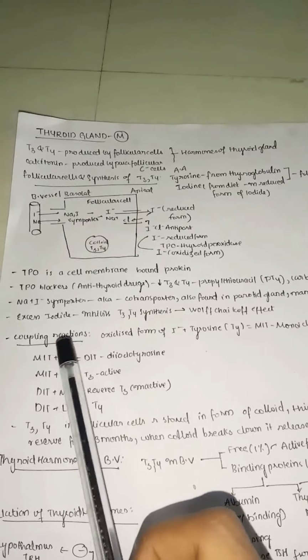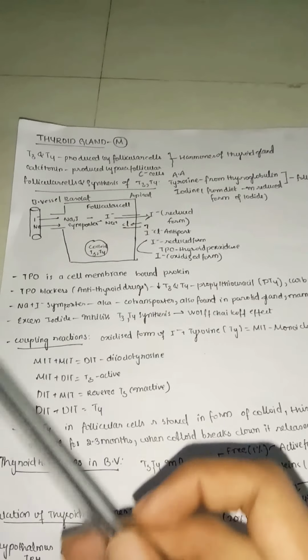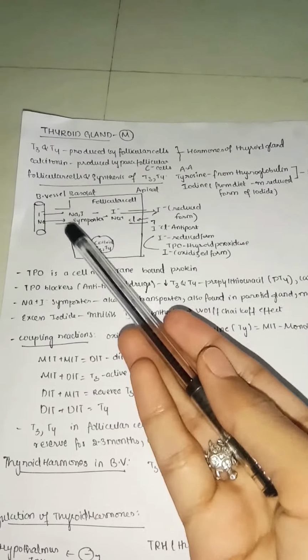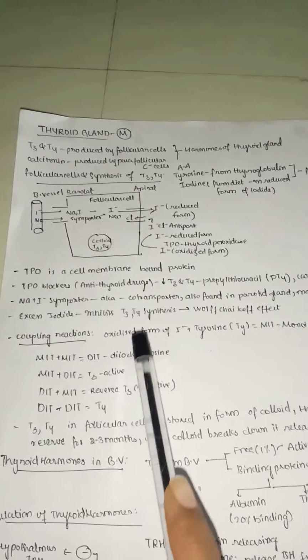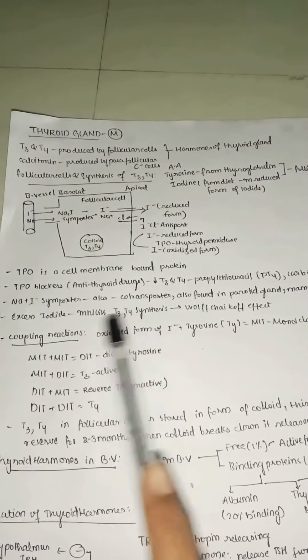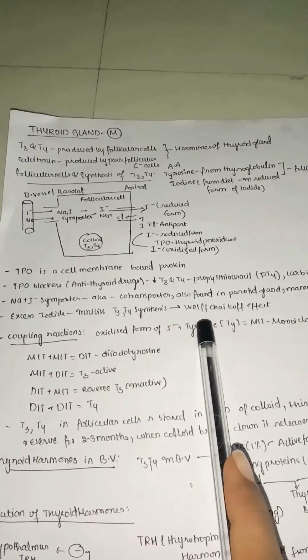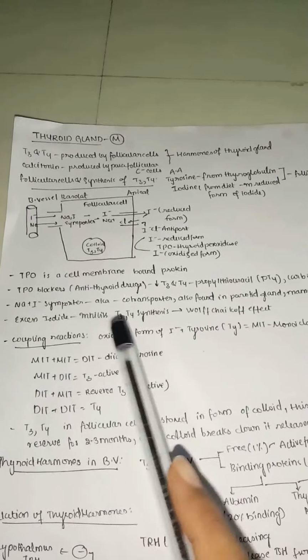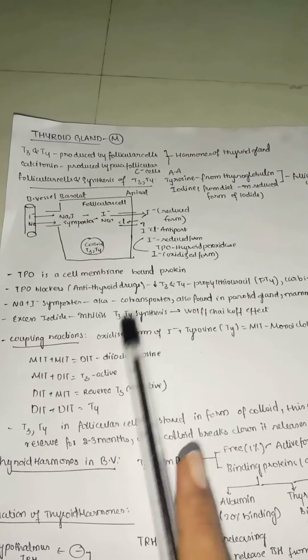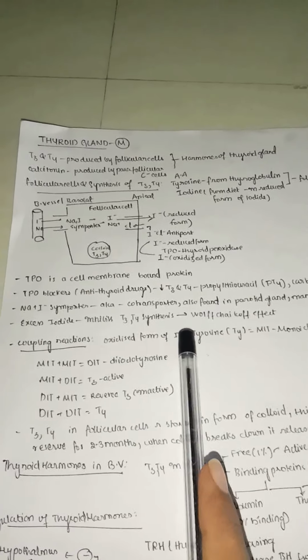Next, whenever excess iodide is coming in the blood vessel to the sodium iodide symporter, it immediately inhibits T3 and T4 synthesis, and this is called the Wolff-Chaikoff effect. That is, whenever there is excess iodine in the body, it directly inhibits the production of T3 and T4.